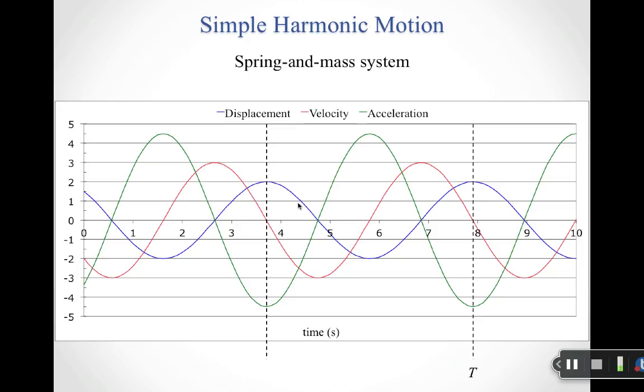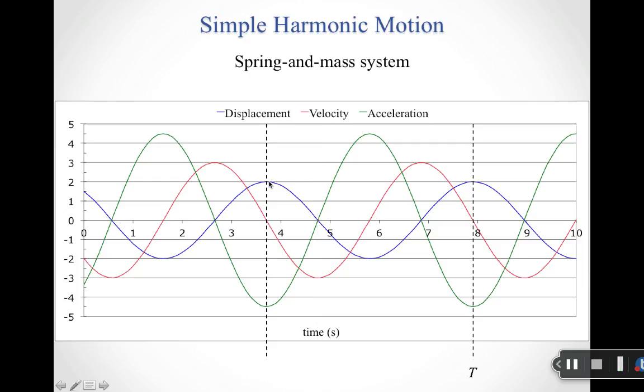To go through one period from this point requires going all the way down to maximum displacement in the negative direction, and coming back up to maximum displacement in the positive direction. So from this line on my graph to this line is one full period, T.